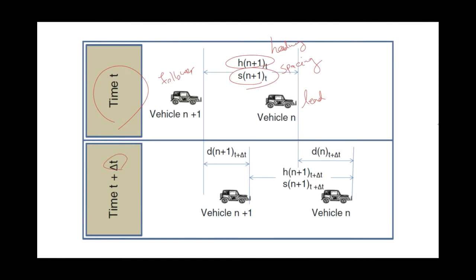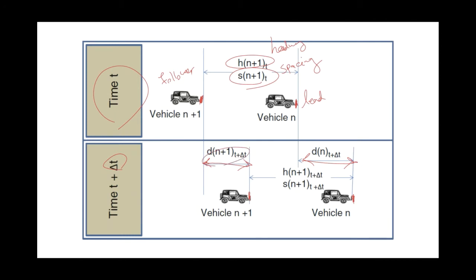Now imagine some delta t passes, and we are at time t plus delta t. So vehicle n moves a little bit, you see. If I look at the front bumper of the vehicle, I can see that the vehicle has moved this much. And the follower has also moved. So this is the front bumper, and this is the front bumper. I can also see that this vehicle has moved this much. So the distance traveled by the lead can be represented by dn(t plus delta t), right? The distance that vehicle n has traveled from time t to time t plus delta t.